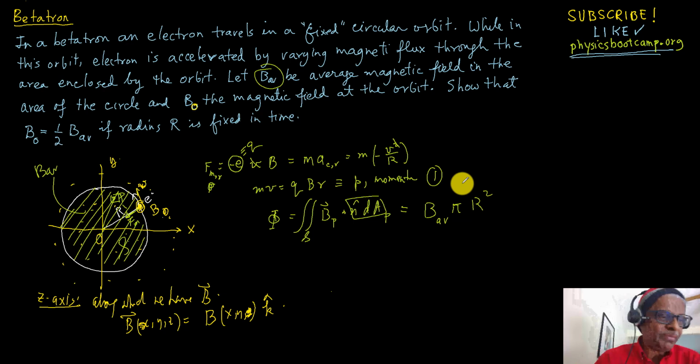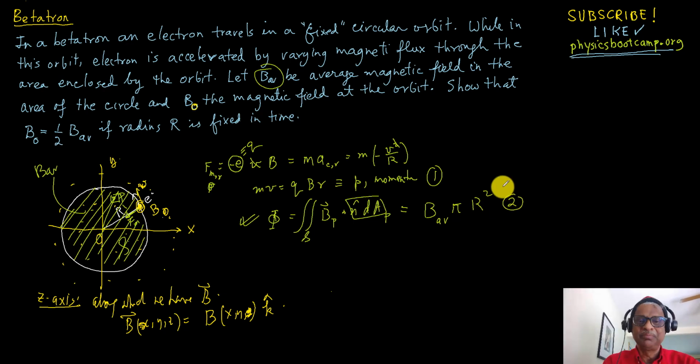Okay, so this is how you're going to get the phi. We can say we have a good handle on that. Let's call this equation 2. Not very useful right now.